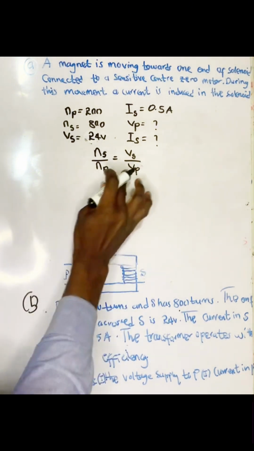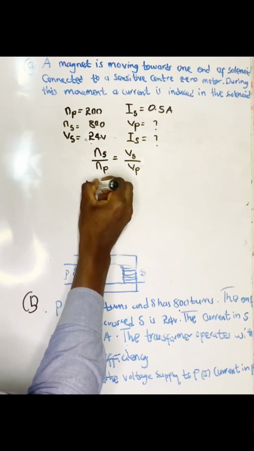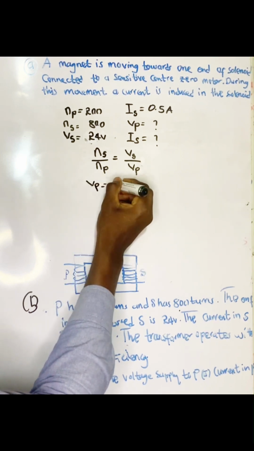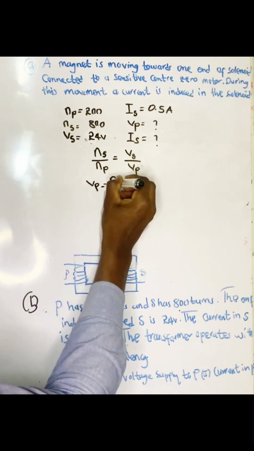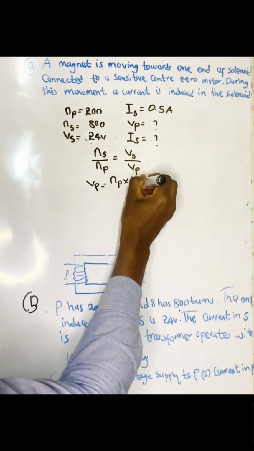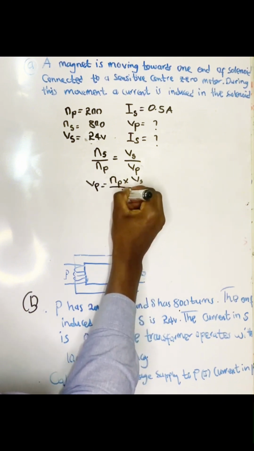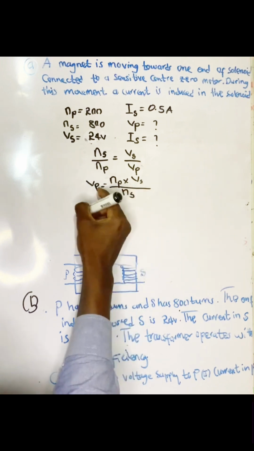So it means that the voltage on the primary coil could be found as the number of turns on the primary coil times the voltage on the secondary coil divided by the number of turns on the secondary coil.